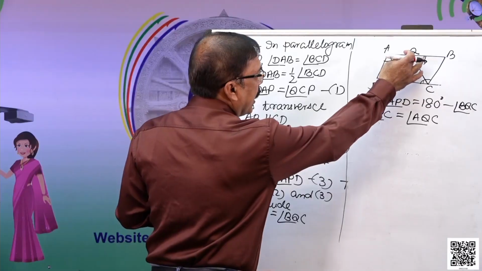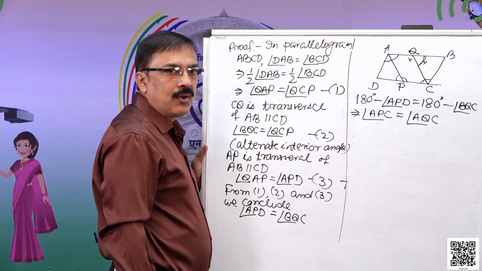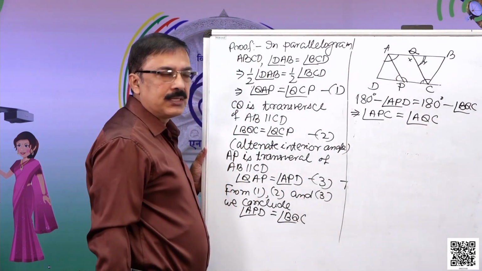And we proved that QAP is equal to QCP. These two are also opposite angles of the quadrilateral AQPC.